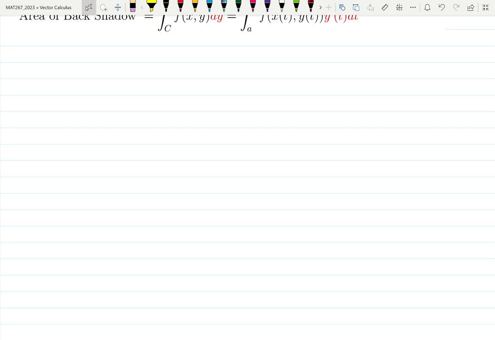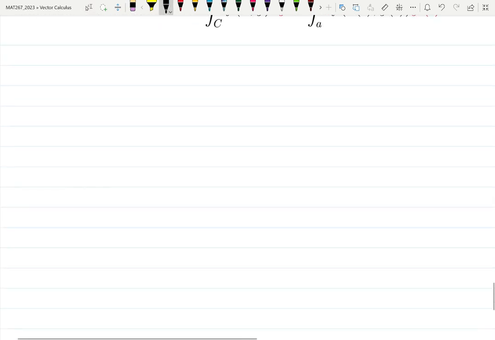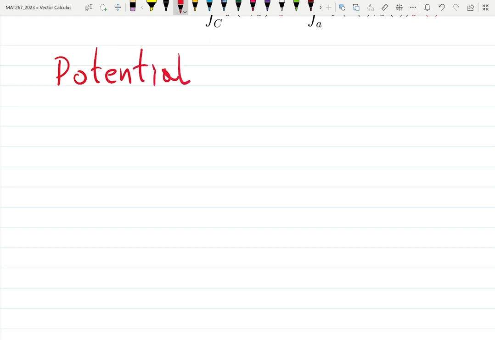Okay, so potential function. It can go to 13.4, but actually it's 13.3. It doesn't matter too much. The material right now is very fluid, so all those three chapters are very connected.